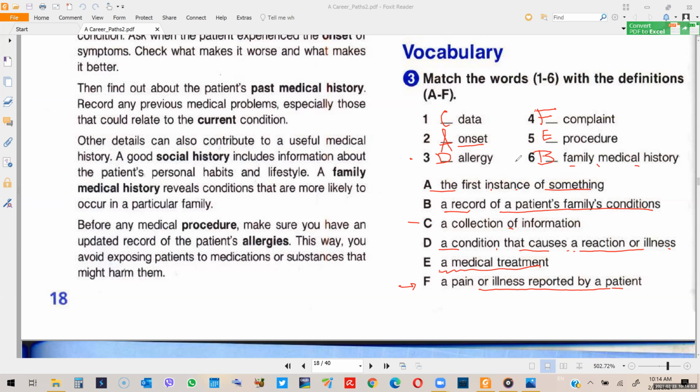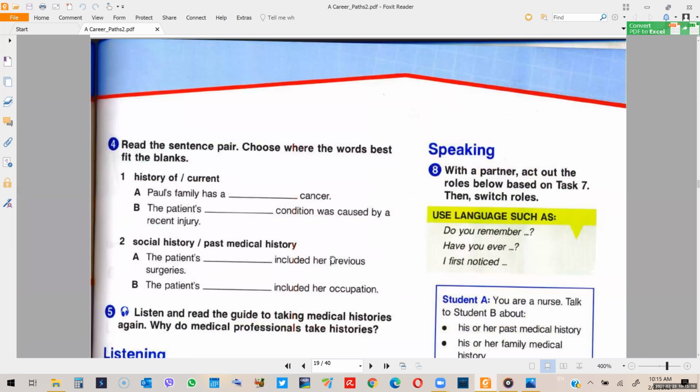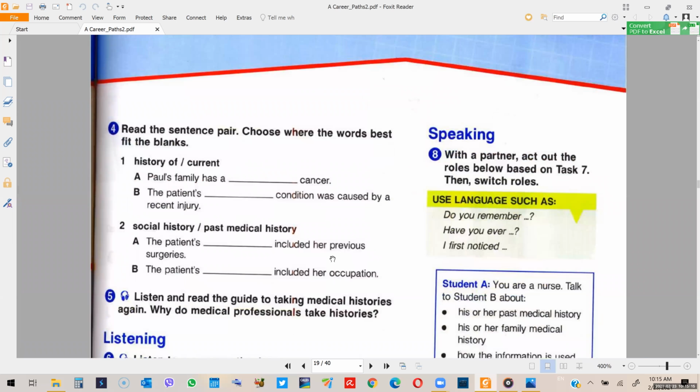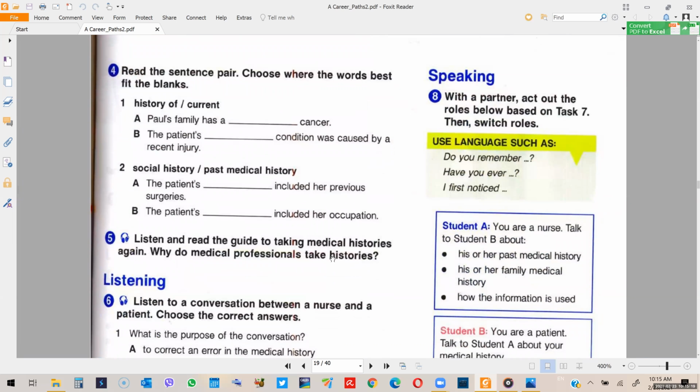Okay, these are some of the questions matching the words with their definitions. Now we are going to move to the second page. Now we have this exercise. Read the sentence pair. Choose where the words best fit the blanks.